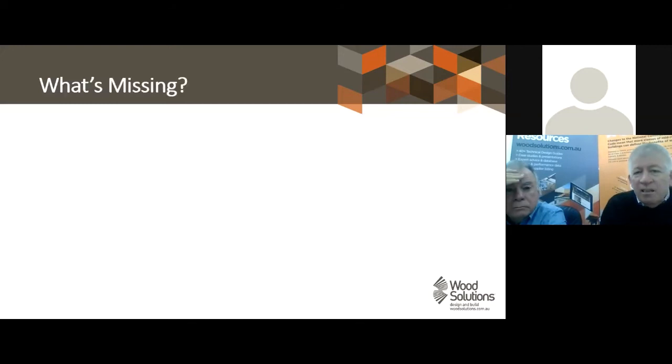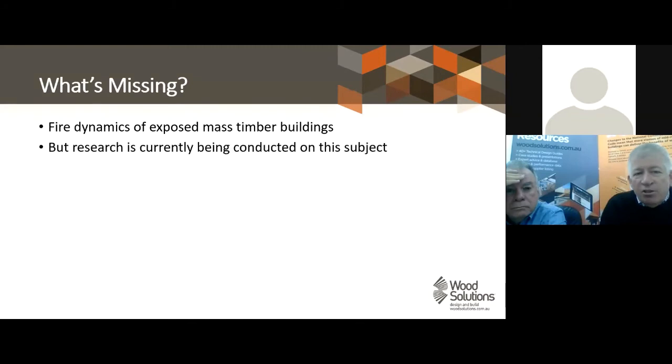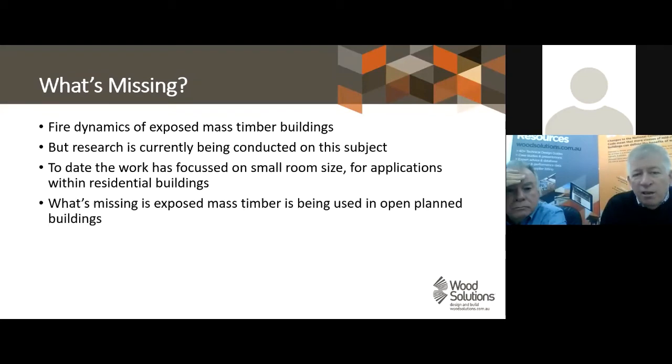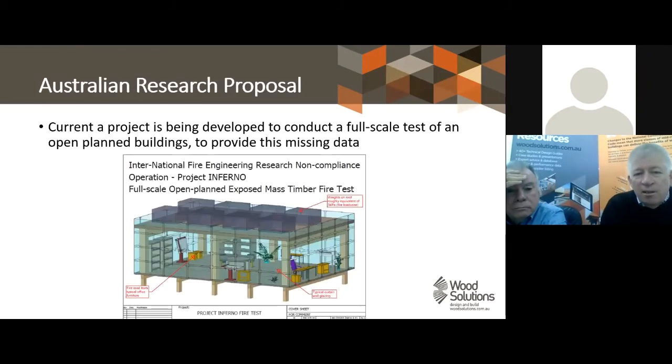What was missing is the fire dynamics of exposed mass timber buildings. But research is currently being conducted on this subject, and to date there's been focus on small room sizes for residential buildings. What is missing is the open plan building that we seem to be using this exposed timber in. Some good news there is that we're currently planning to do a full-scale test of an open plan building to provide this missing data.